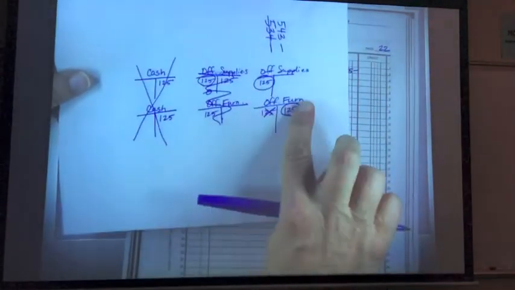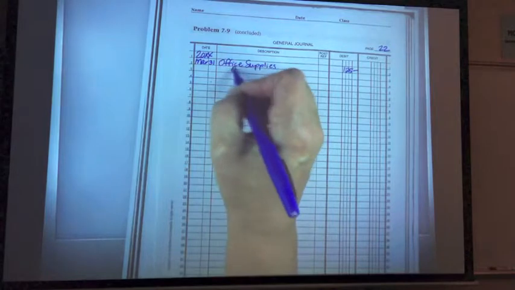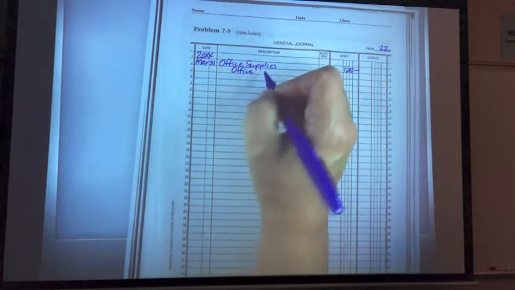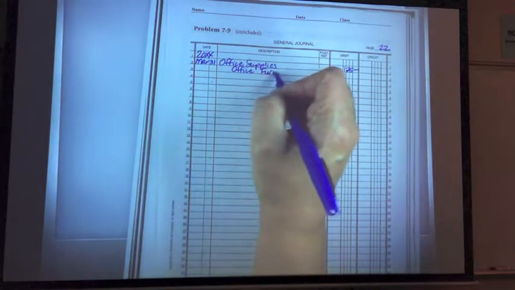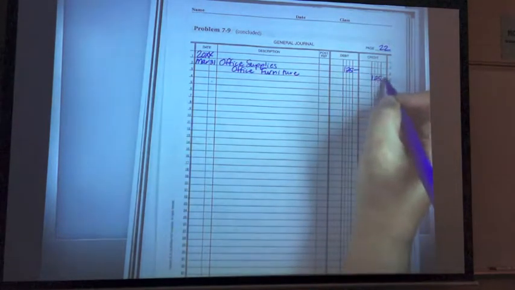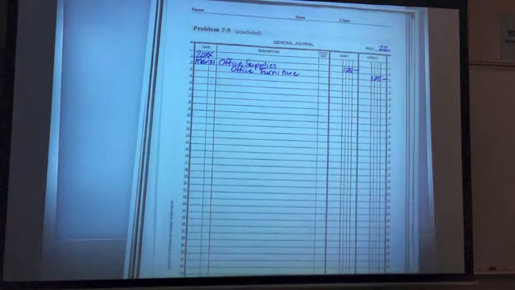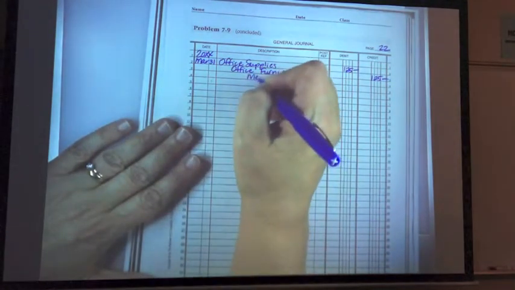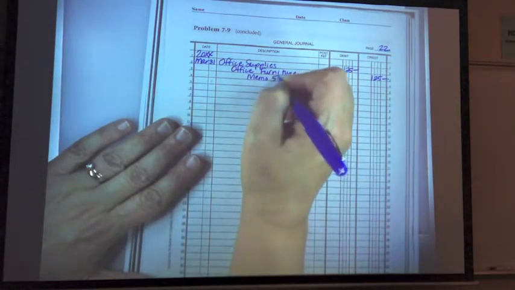And then I'm going to credit office furniture for $125. I know that needs to be done because of the memo that the auditor sent me, and the memo was memo number 15, so I'm going to put here underneath memo, number 15.